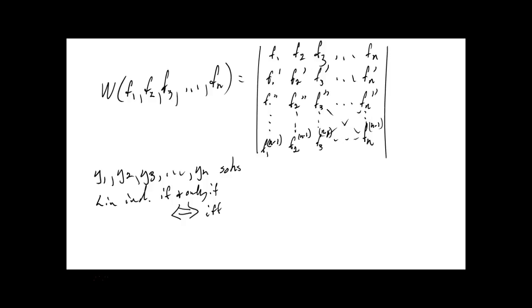So these are linearly independent if and only if the Wronskian, this W of those functions, y1, y2, y3, dot, dot, dot, up to y sub n, is not equal to 0. It can be anything else in the world. Wronskian being the determinant.